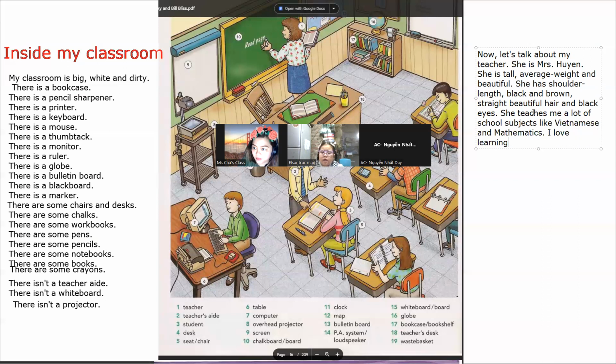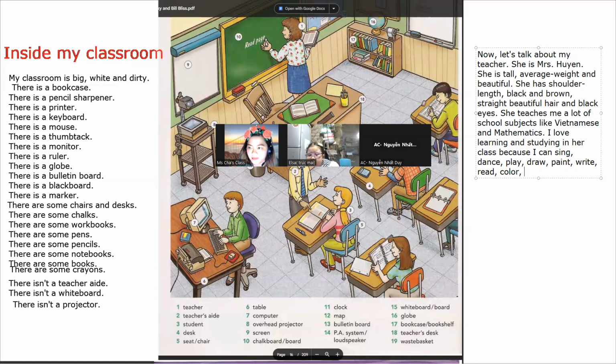I love learning and studying in her class because I can sing, draw, dance, play, paint, write, read, color, and run at the same time.